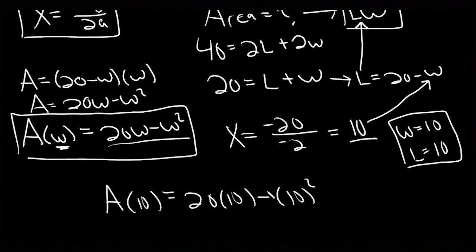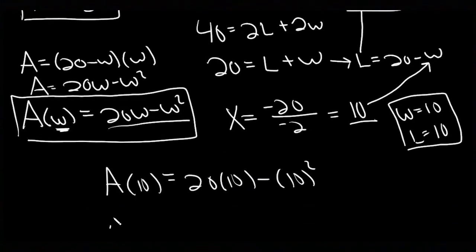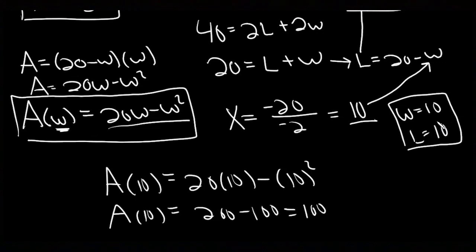So what do you end up getting here? Well, A of 10 is equal to 20 times 10 is 200. And then 10 squared is 100, so minus 100, and we get 100, right? So it doesn't matter how you do it, either way will work.